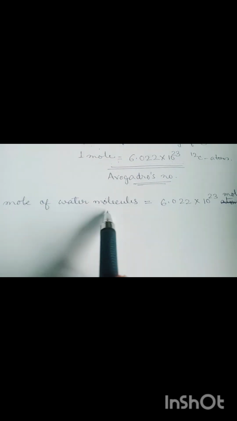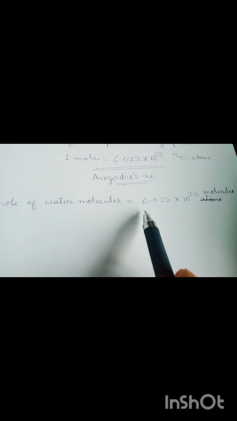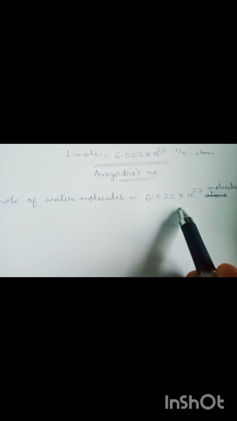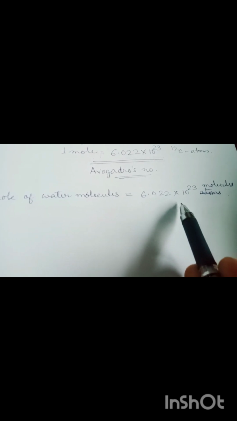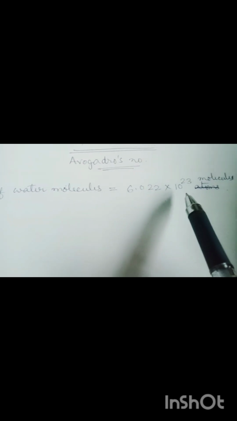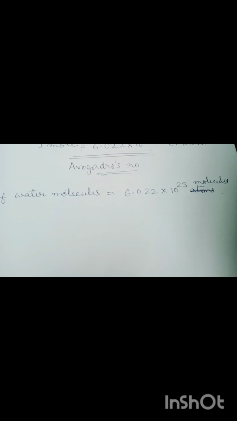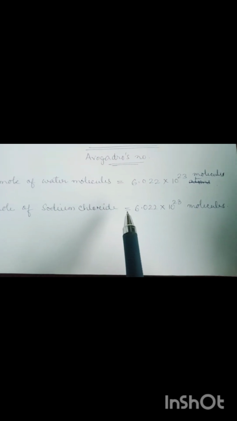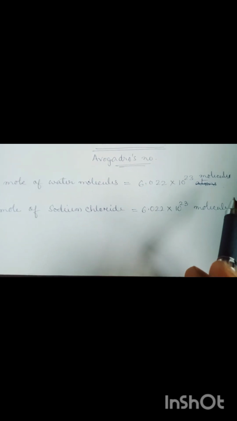If the substance is in atomic form, then the number of entities is equal to 6.022 into 10 to the power 23 atoms. Or if the substance is in ionic form, then 1 mole of ionic substance is 6.022 into 10 to the power 23 ions. Also, 1 mole of sodium chloride is equal to 6.022 into 10 to the power 23 molecules.